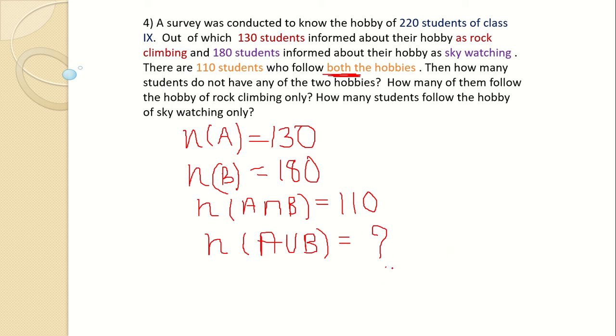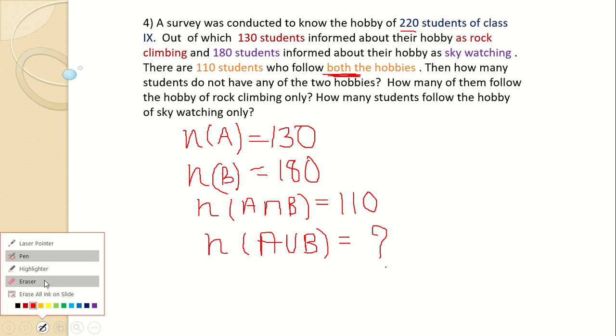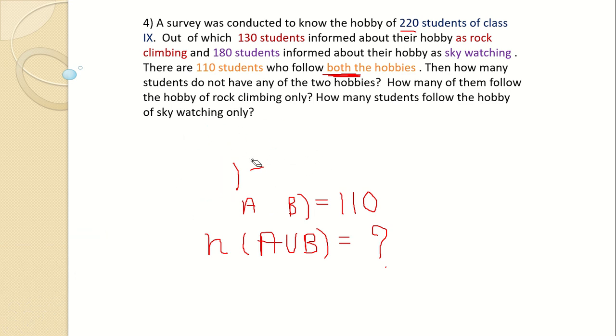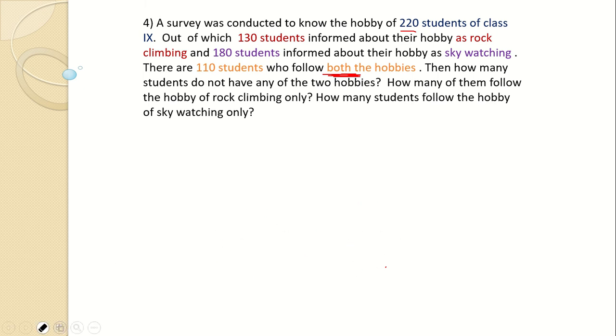Then whatever answer we get, subtract that from 220. That will give you the number of students who do not have any of the two hobbies. Then the remaining part we will come to later. First just solve the first part of the sum, that is finding the number of students who do not have any of the two hobbies.